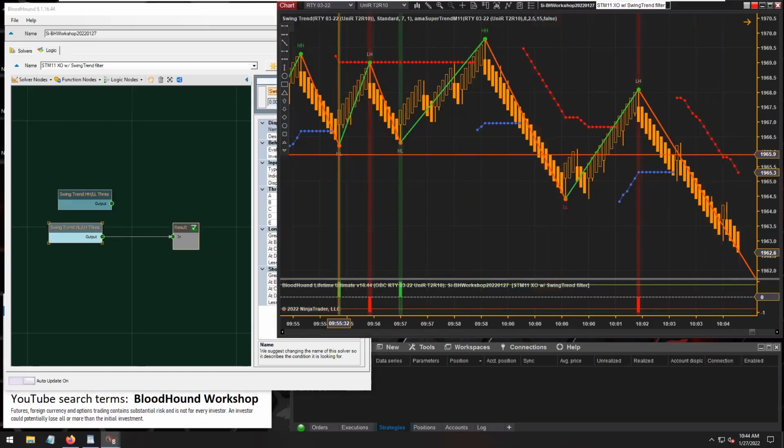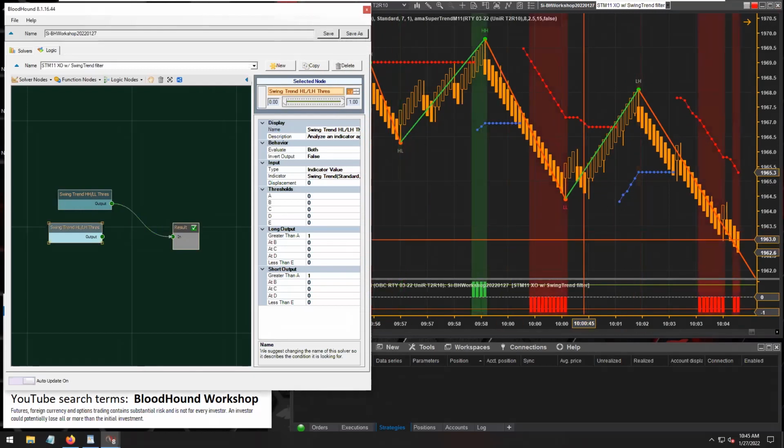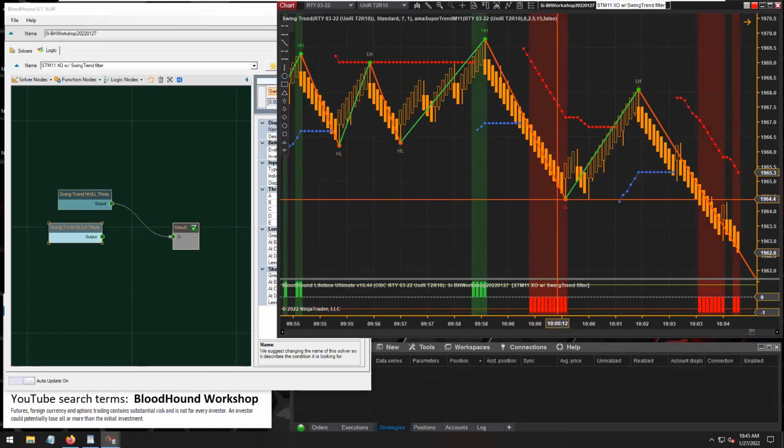Higher low, lower high, higher low, lower high. So good to go. We get a short output for this lower low, and then we want to match it up with a short output for this lower high.